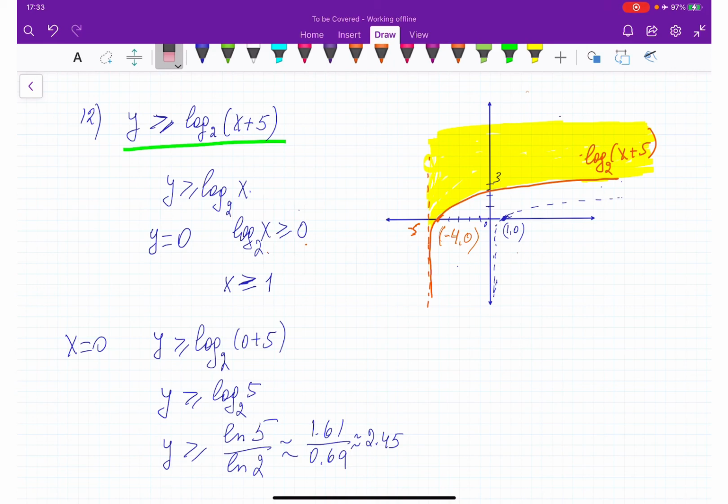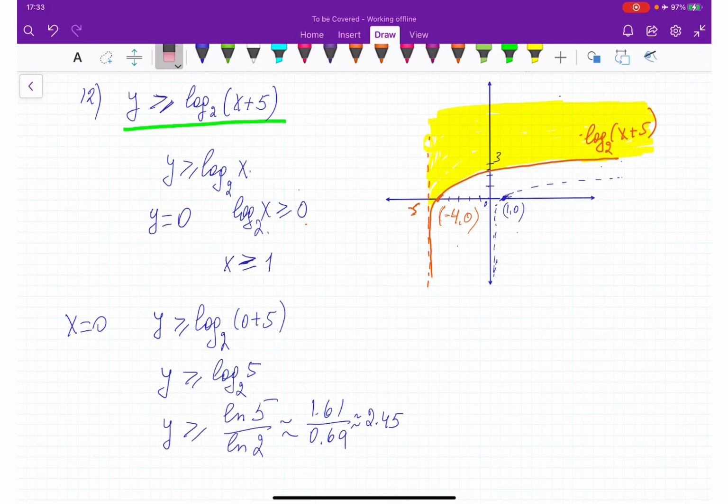If we have x plus 5, then we have to move x by negative 5, which means our coordinate 1, 0 will become negative 4, 0.